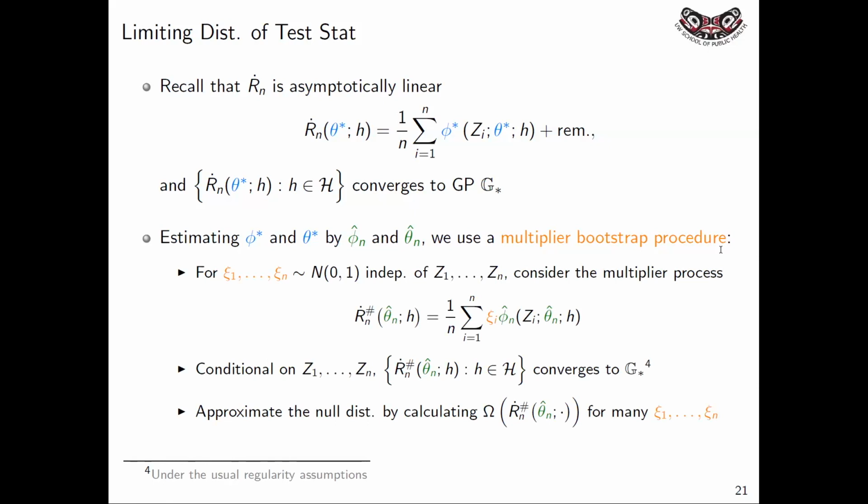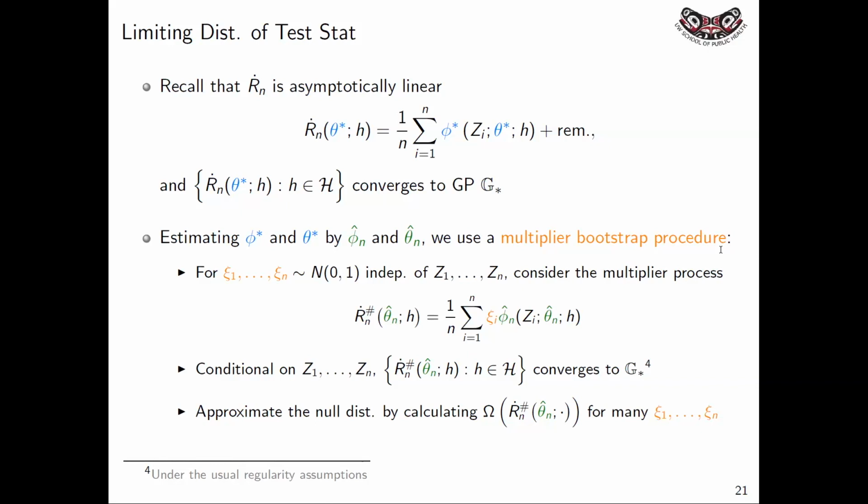If we look at the R_n dot for those multipliers, then conditional on the data, that also converges to the same Gaussian process. There are a lot of details here that I'm not going through, but basically we get convergence to the same Gaussian process. So we can approximate the null distribution by looking at the norm over many repeated draws from our multiplier bootstrap distribution.